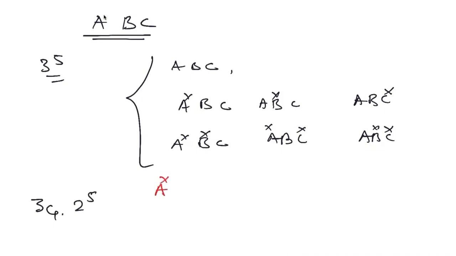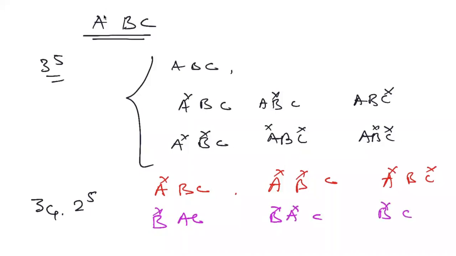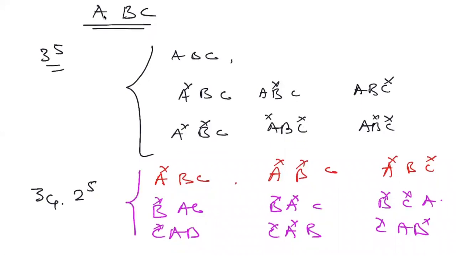See, 3C1, so I have removed bag A, it is going to BC, or not A, B and C, or A, B, not in C. This 3C1 2 to the power 5 means it can go in A, it cannot go in A, it cannot go in A and B, it cannot go in A and C. Similarly, this case also contains, if I'm not taking B, BA, BCA, or C, AB, CAB, CB. So all these cases we are subtracting.